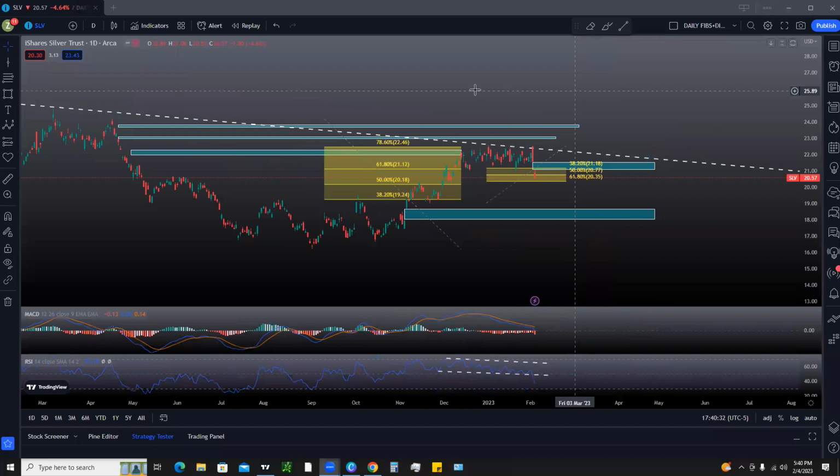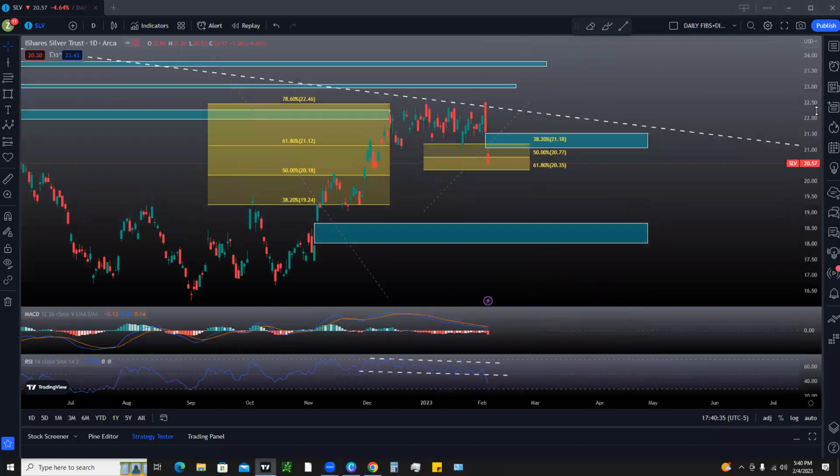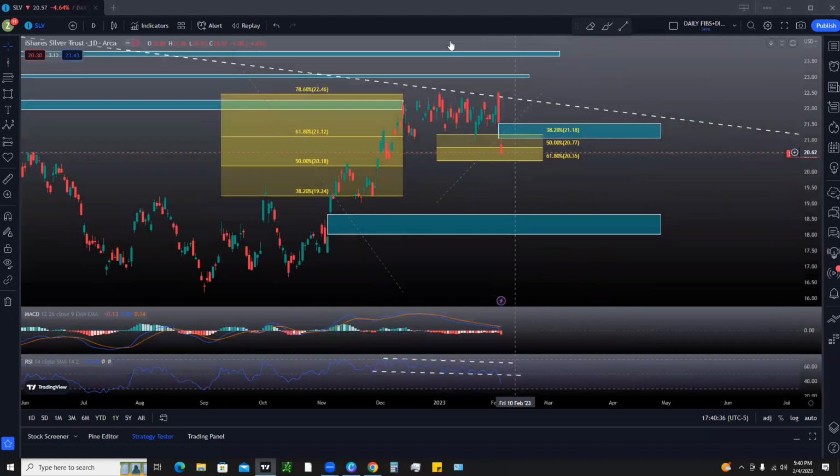But if we zoom back in, 2035 is that major support level we need to hold. If we do break that, then there is a chance that we could come down and fill the bearish gap down on SLV, which is going to be right around $18, 18.1, 18.04. That's going to be the bottom of this range right here.